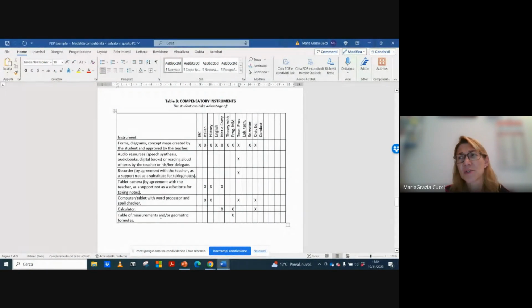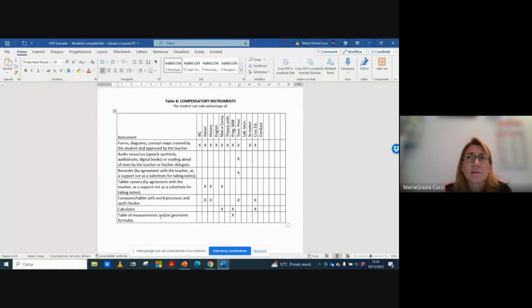Calculator, of course, table of measurements, or geometric formulas. This is something which is very difficult to remember for students that have special educational needs. Sometimes it is really hard for them to remember formulas.